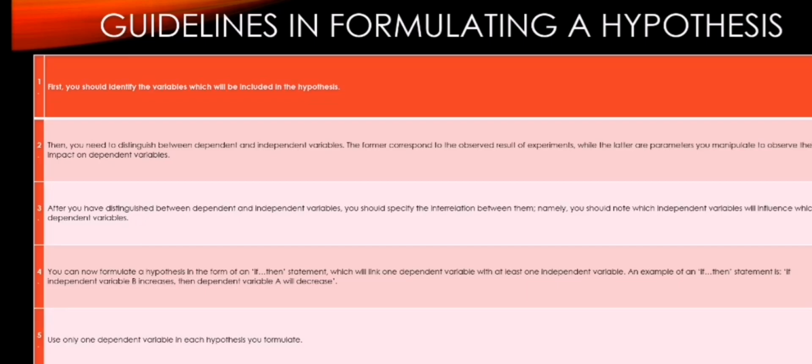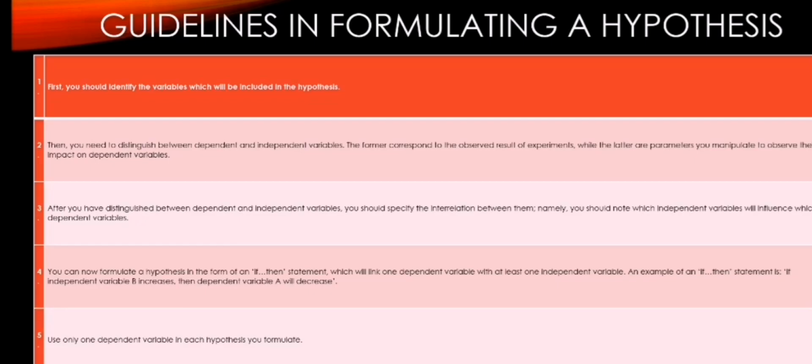The former correspond to the observed result of experiments, while the latter are parameters you manipulate to observe their impact on dependent variables. Third, after you have distinguished between dependent and independent variables, you should specify the interrelation between them. Namely, you should note which independent variables will influence which dependent variables.